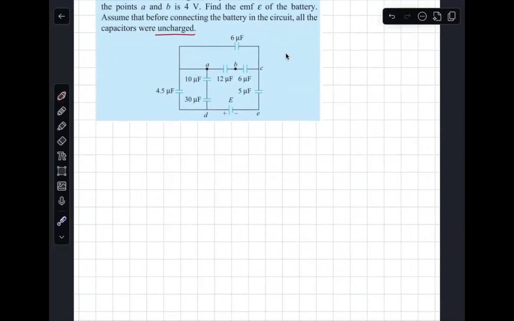Now I see that in this, this is one wing. This is another wing. This is all another wing. Agreed? Have you seen the circuit in the same way that I have observed?